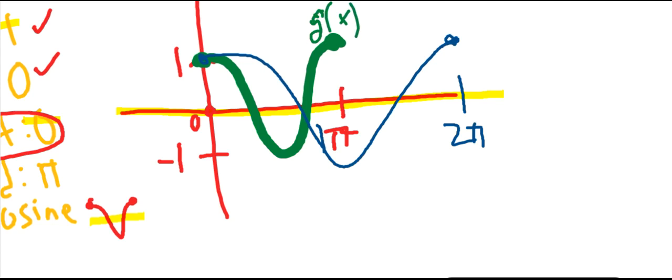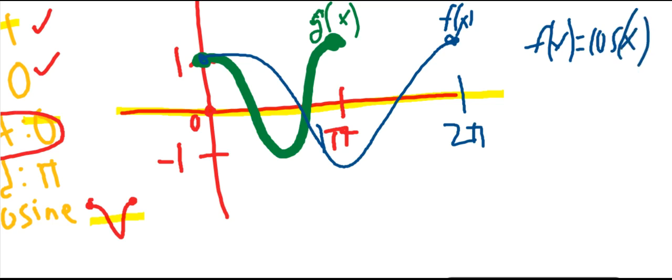And then the blue one, I'm going to call it f of x. Okay, so f of x is the parent function. It's the one that doesn't have any transformations to it. It still has midline 0, amplitude 1, period 2 pi, and it cycles every 2 pi. But now g of x is where it changes.